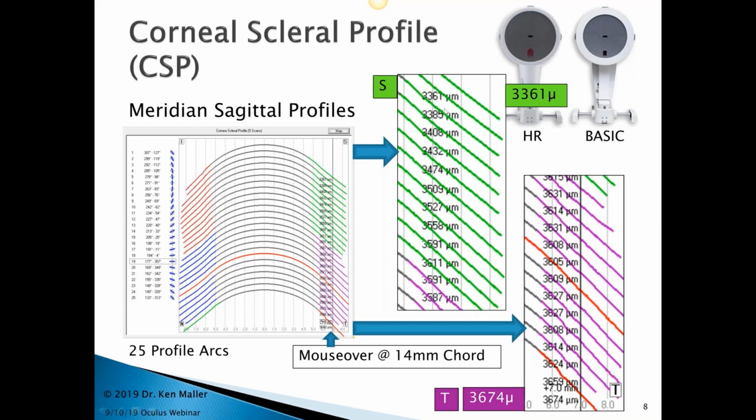So you have all of the unique respective sagittal depths at that one particular cross section, 14 millimeter chord, both from the superior over to the temporal edge. Of course, you can do this anywhere on this screen, and you would have all of that data. If you're a real number cruncher, this is right up your alley. You can really enjoy yourself in seeing all of the different values that are over there.